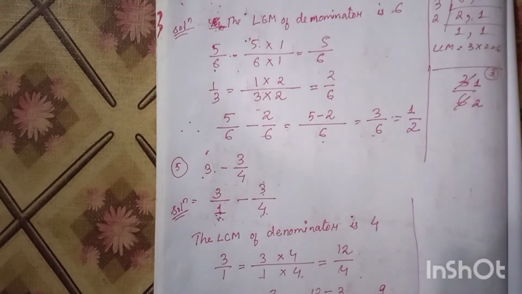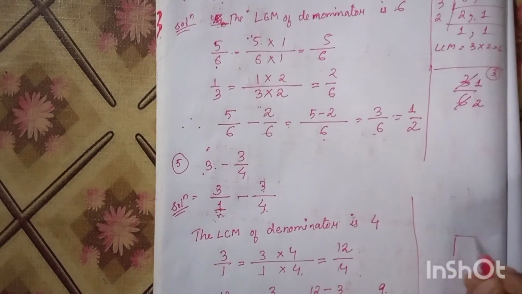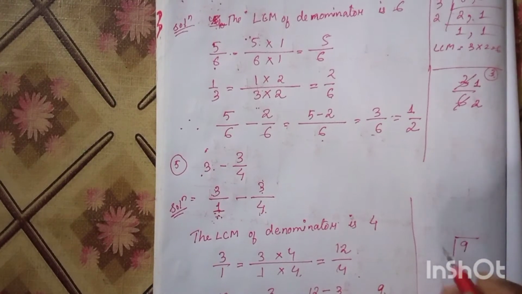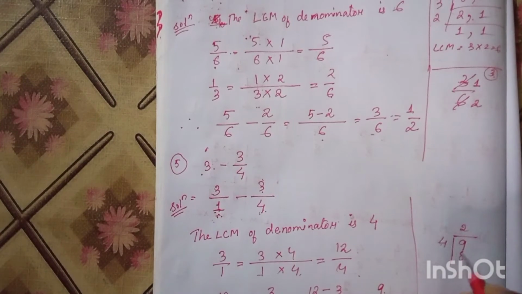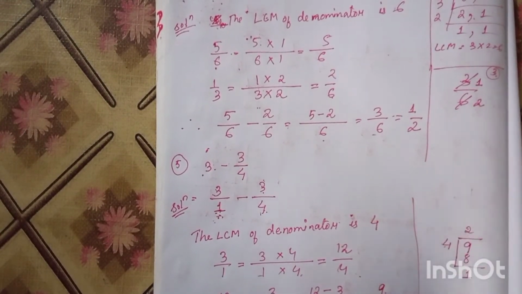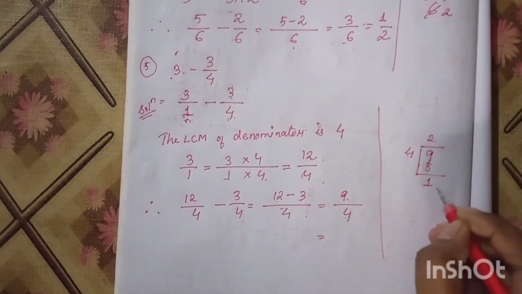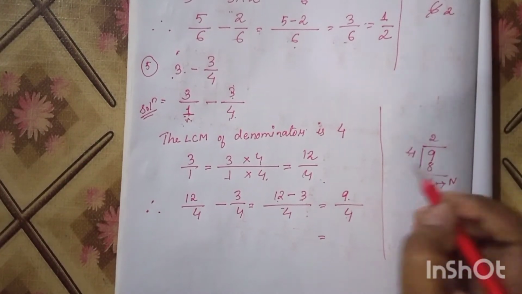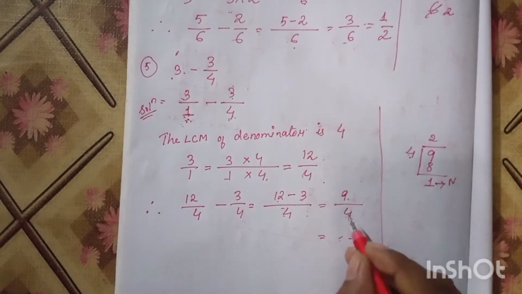Now look, the answer is an improper fraction. So when we get an improper fraction, we should convert it into a mixed fraction. We know that 4 twos are 8, and remainder 1. So when we write the mixed fraction, this remainder becomes the numerator and the denominator remains the same. The denominator is 4, so it will remain 4.